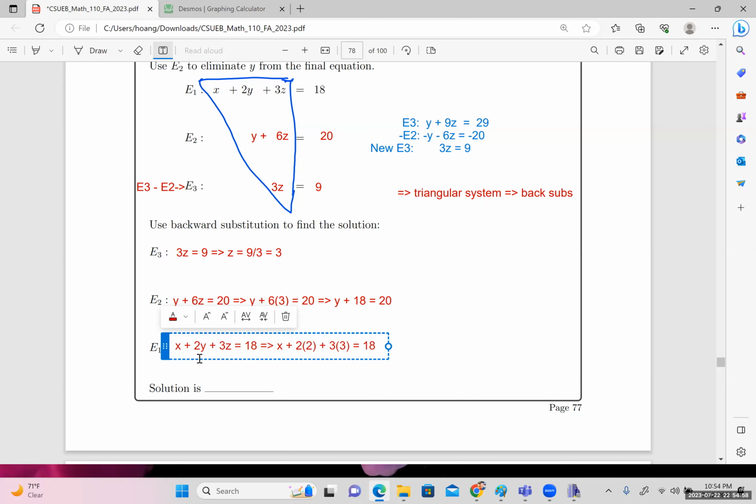So let's simplify this. x plus 4 plus 9 equal to 18. So then we have x equal to 18 minus 4 minus 9, which is 5.